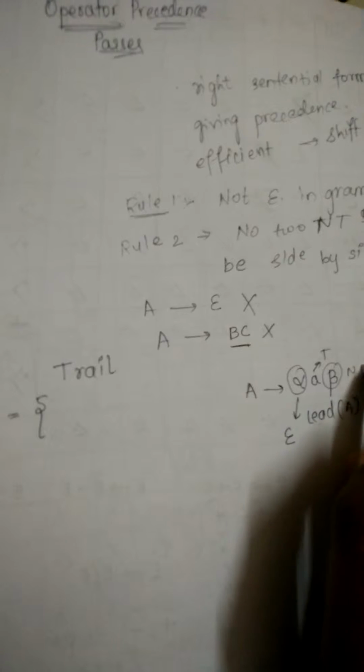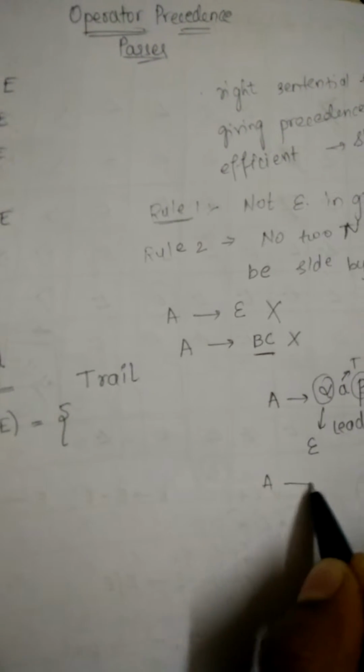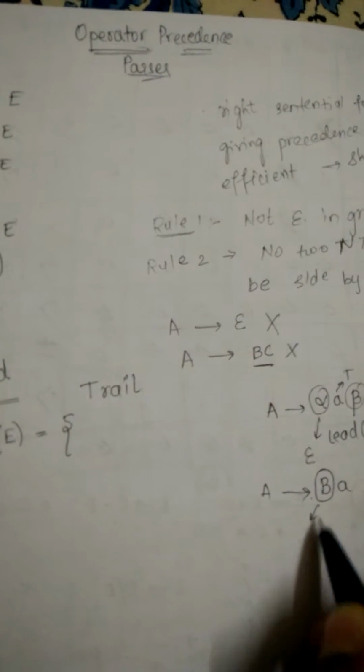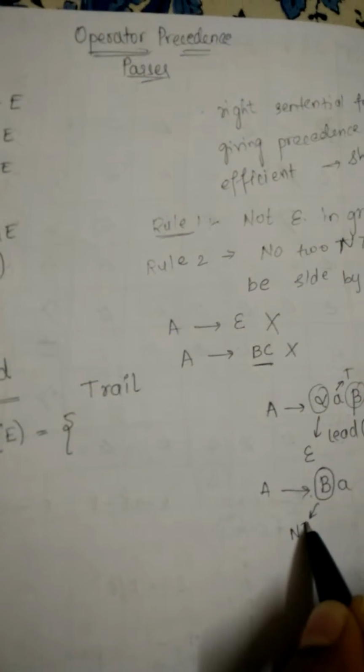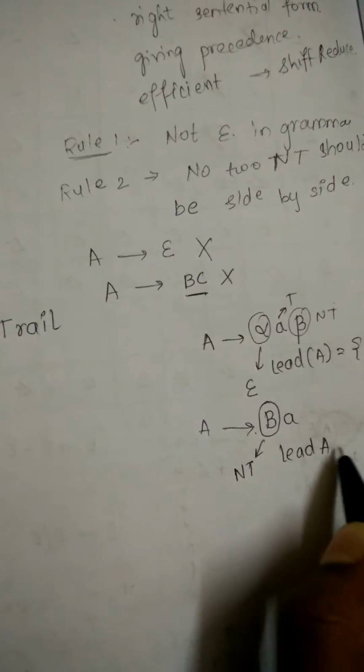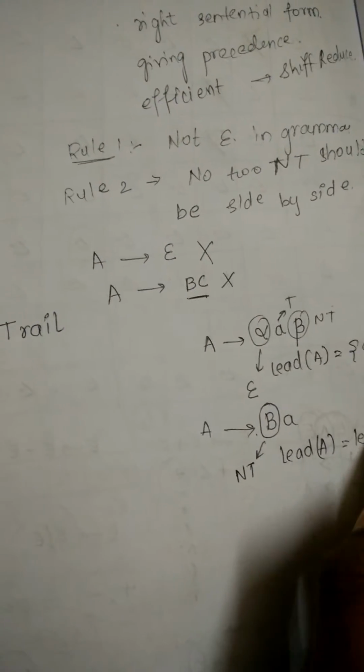If alpha tends to B, where B is a non-terminal, then lead of A will contain lead of B.